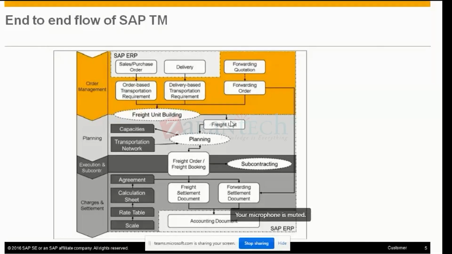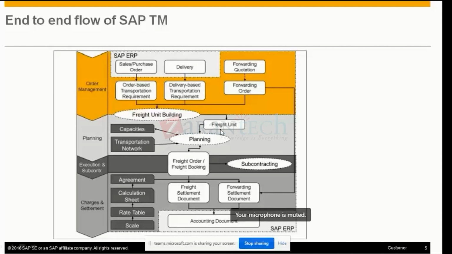I can also always check if my freight unit is relevant for dangerous goods or not. So all these different checkings, which are the resources available to transport the freight unit, are part and parcel of the planning. So planning is very important in TM. And if you see, there are two inputs to planning.